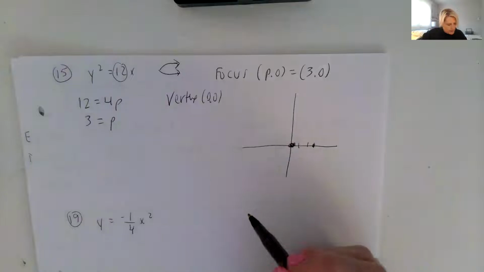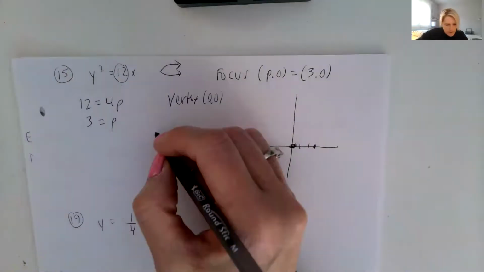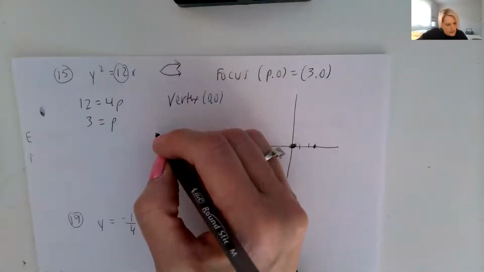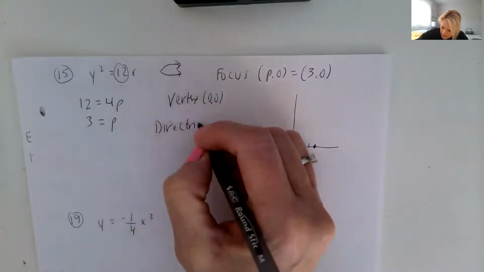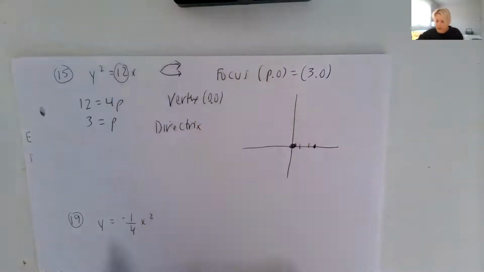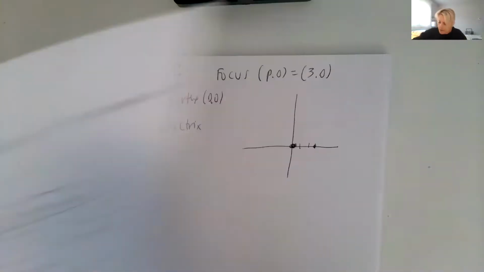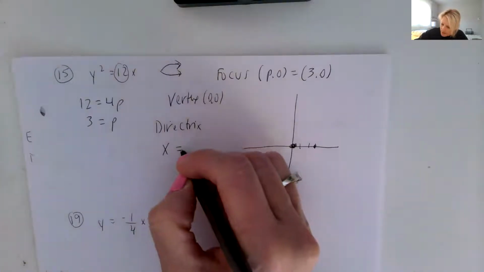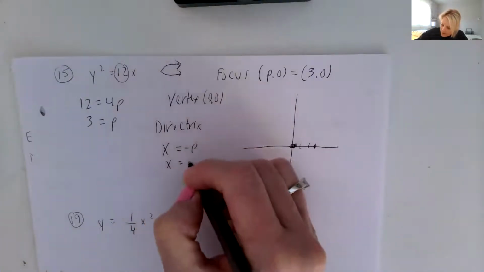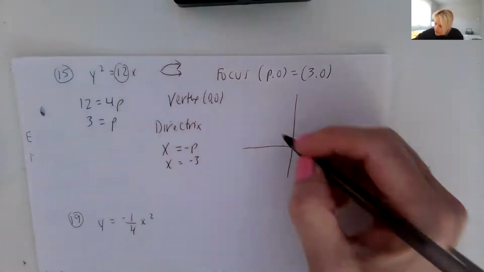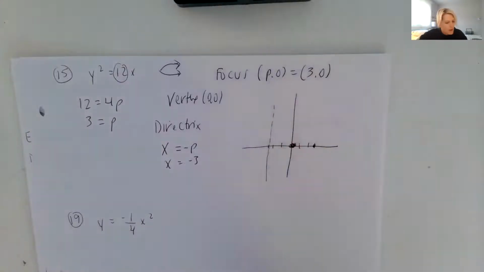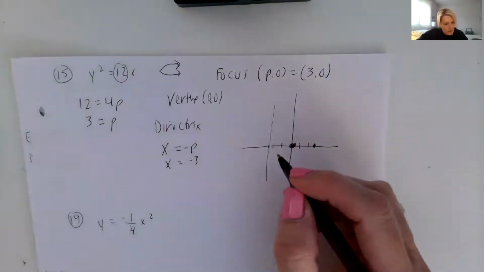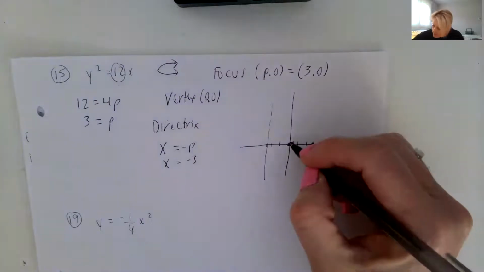And the directrix is going to be the line x equals negative p, so x equals negative 3. So we go 1, 2, 3, and it's going to be here. And then sketch a parabola, which we did.